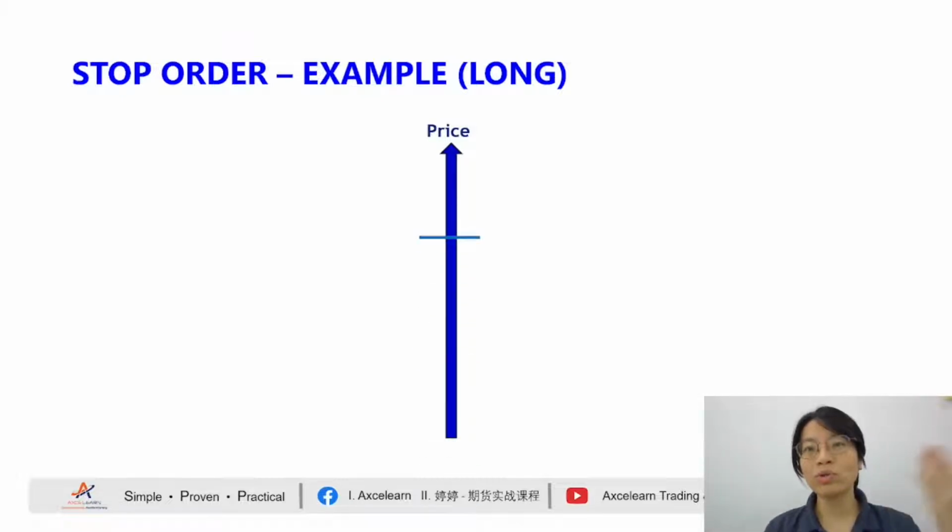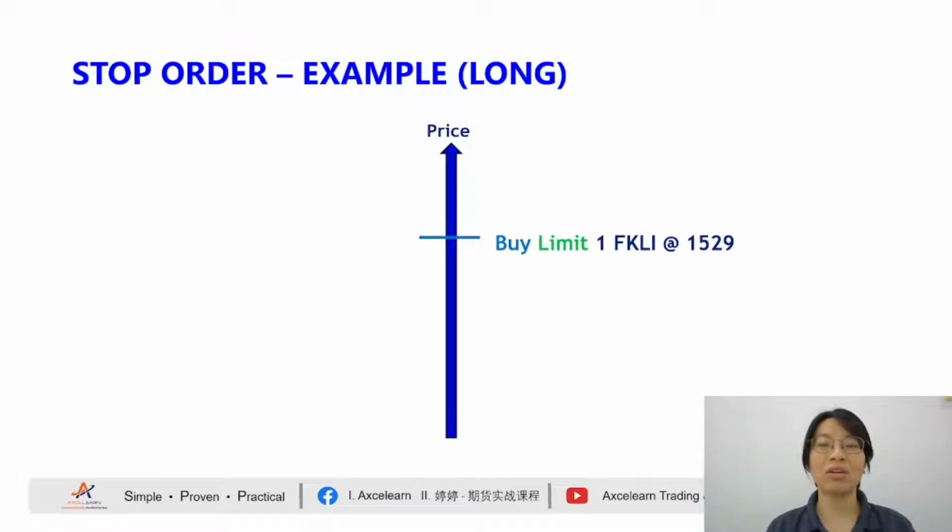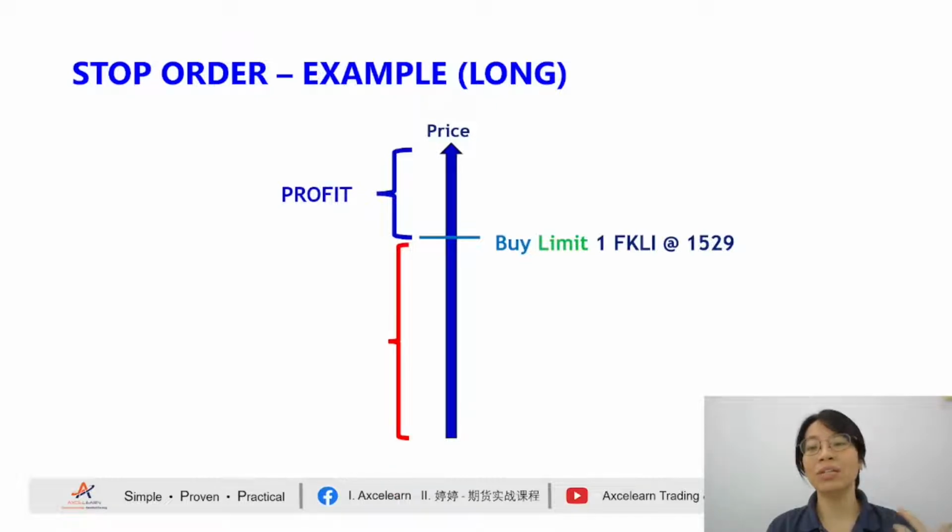Now, for example, we draw our y-axis, then we put a buy limit of 1 FKL contract at the price of 1,529. When the market moves higher, you are making a profit, so you don't need to worry about it. When the market starts to drop, you are going to suffer a loss, so we need to limit our loss.